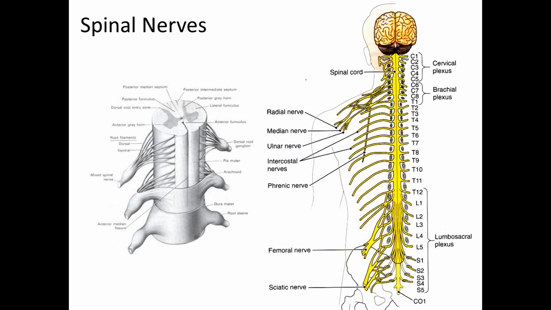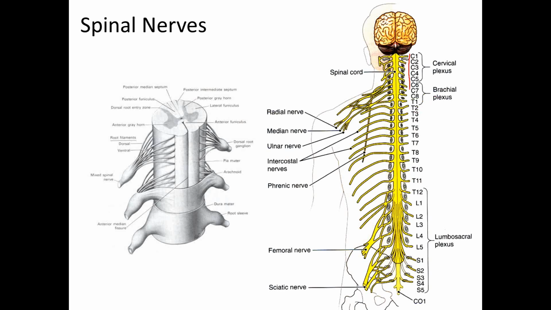This diagram, quite a neat diagram here, is showing you the spinal nerves. This time, the spinal nerves are classified according to number, but also to the region of the spinal column that they originate from. The different parts of the vertebral column are notified by these letters.